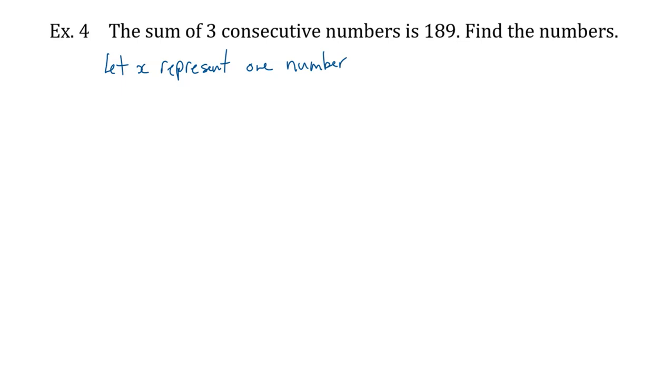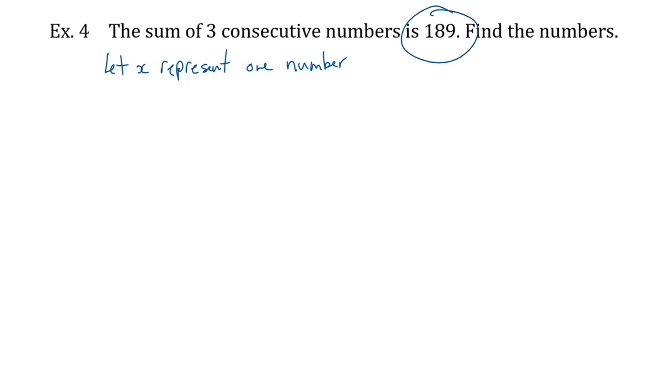So 8, 9, 10, or 15, 16, 17. So 3 consecutive numbers, 3 numbers in a row that add up to 189. So if x is the first one, then what's the next one? This is where the new part comes in. 190.